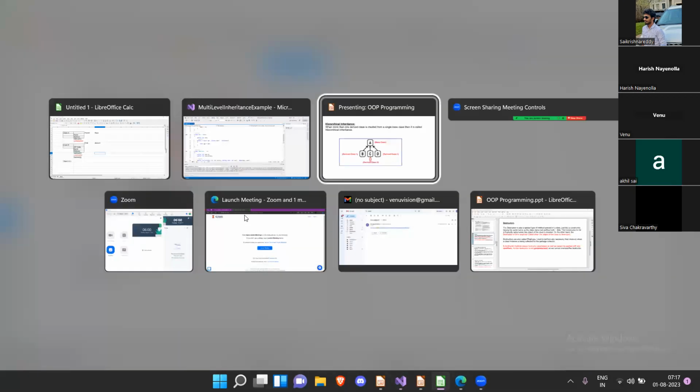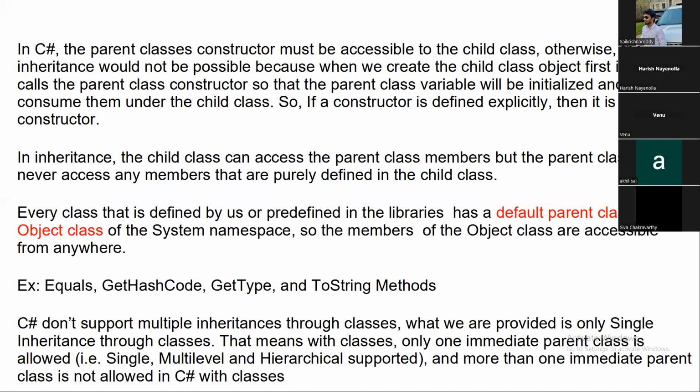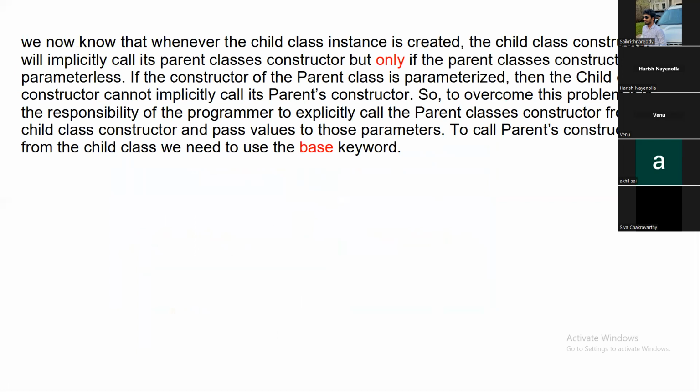Okay, so let me tell you some theory here. I think I missed some theory. We now know that whenever a child class instance is created, the child class constructor will implicitly call its parent class constructor, but only if the parent class constructor is parameterless.